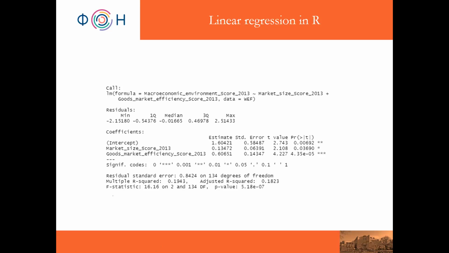So we need to statistically test the importance and the statistical significance of these coefficients. For that, we are going to use the last two columns: t-value, which is the value of our statistic, and Pr, which is in fact our significance level.